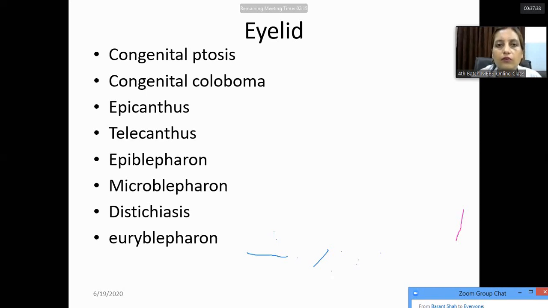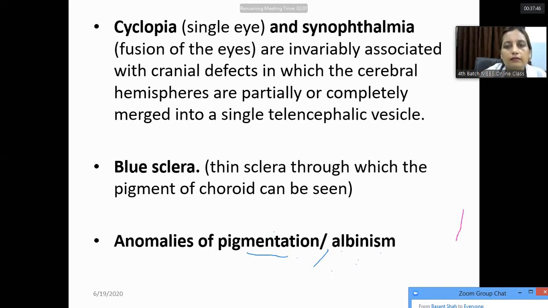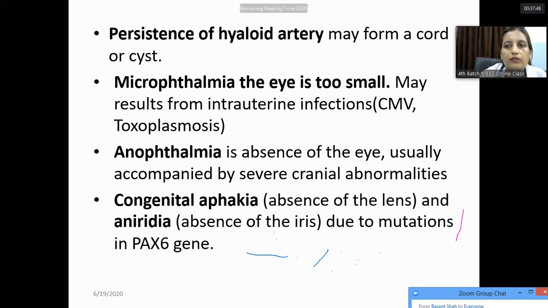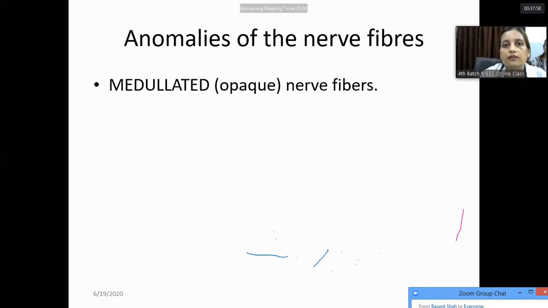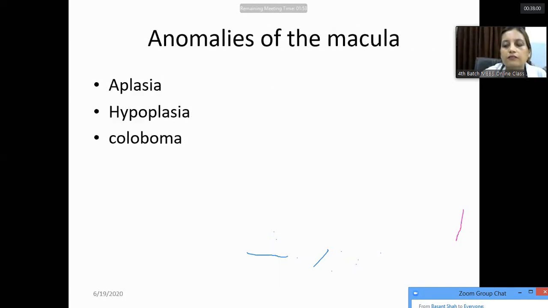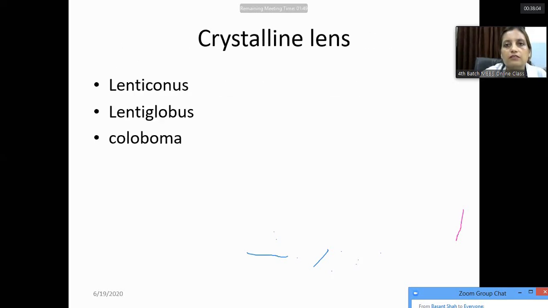So up to this slide is how the eyeball is commonly developed and what the common congenital anomalies are. From here we will discuss further when I continue with the lids and all. We have different topics, so we will discuss gradually.